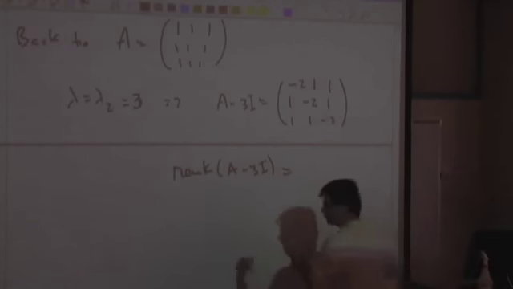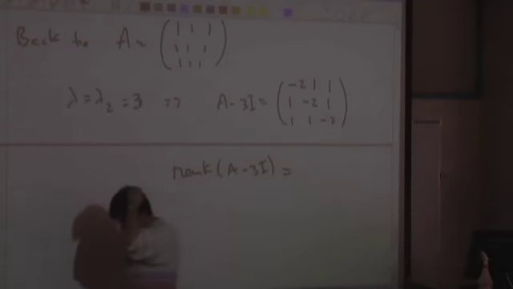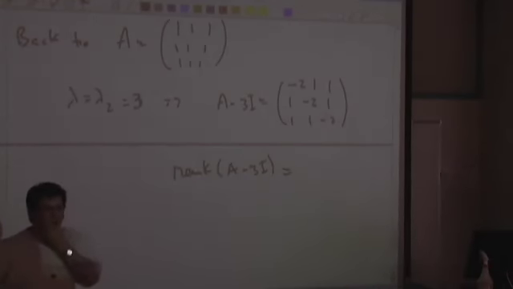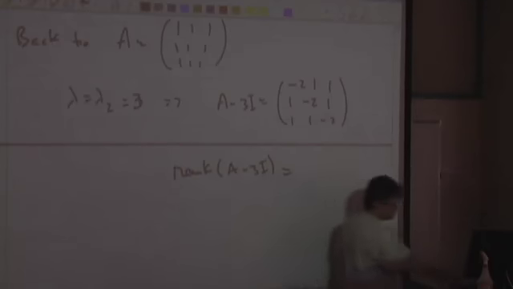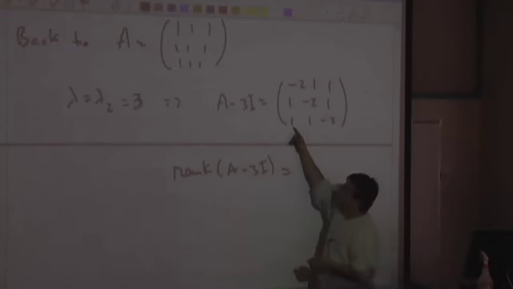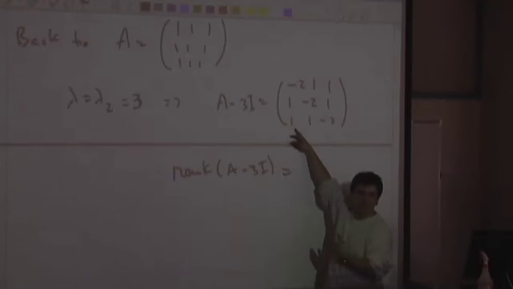How do we check that the rank is 2? We have to be able to find 2 linearly independent columns, okay? For 2, it's easy because, how can 2 columns be linearly independent? One is not a multiple of the other.